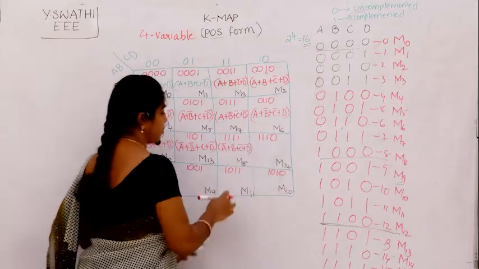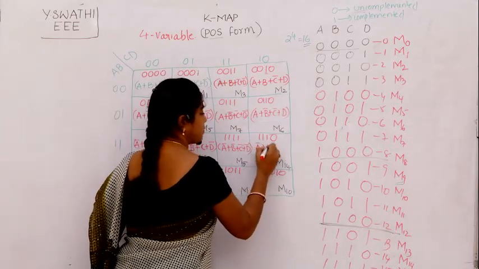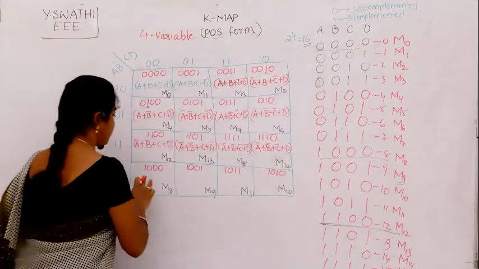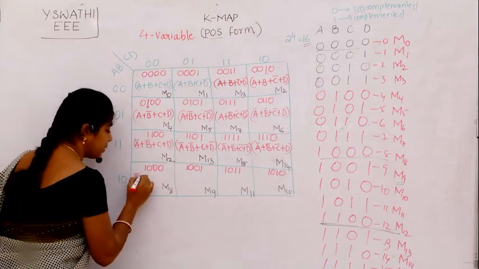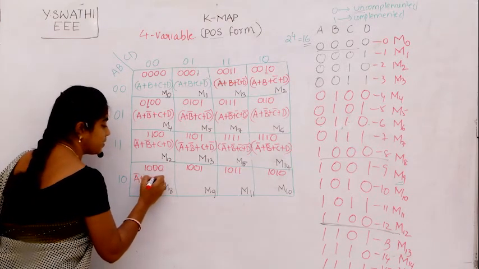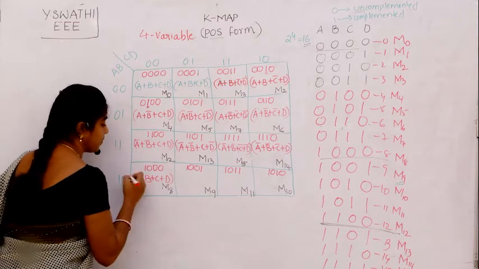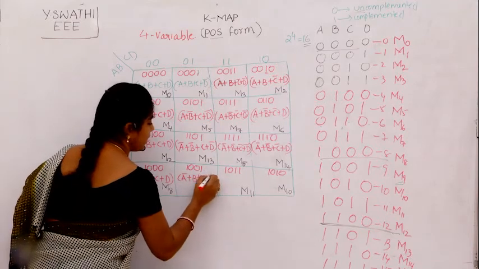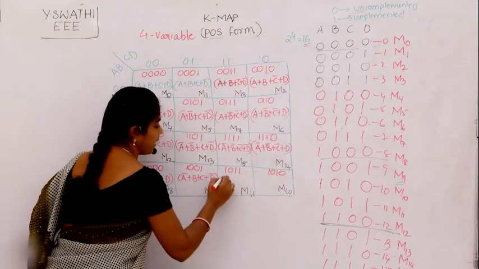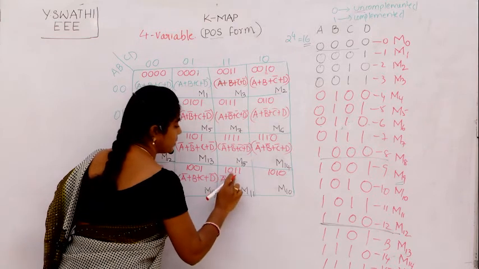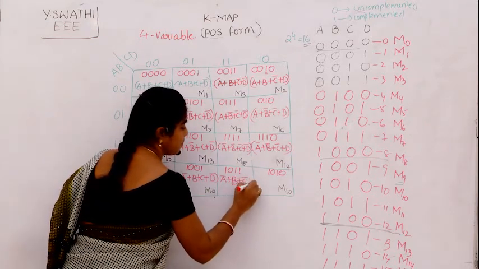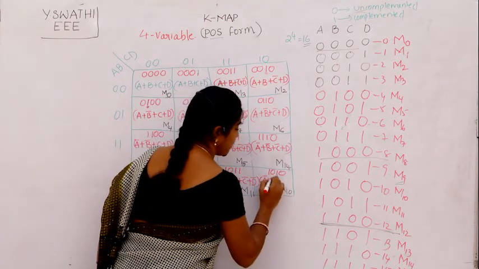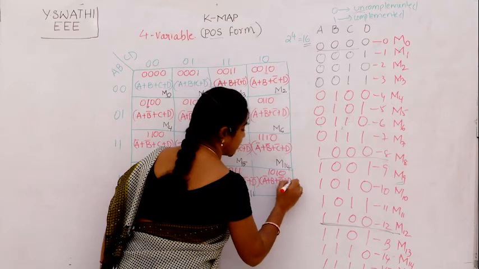Then 1110: A bar plus B bar plus C bar plus D. The next one, 1000: A bar plus B plus C plus D, as B, C, D are zeros, meaning uncomplemented. Next, 1001: A bar plus B plus C plus D bar. Then 1011: A bar plus B plus C bar plus D bar. And the next one, 1010: A bar plus B plus C bar plus D.